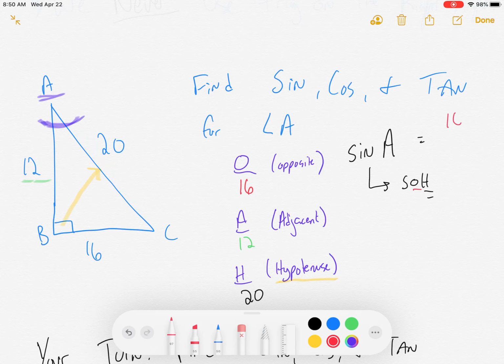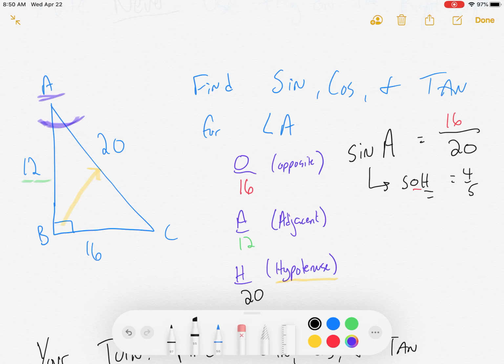What did I say was opposite? Opposite value, that was 16. So I'm going to put 16 over my H value. My H value, we said, was 20. So my sine is 16 over 20.